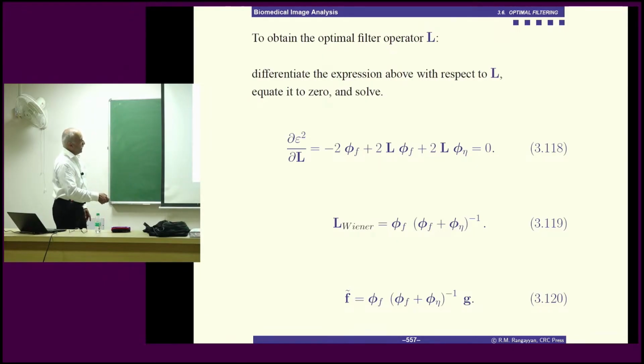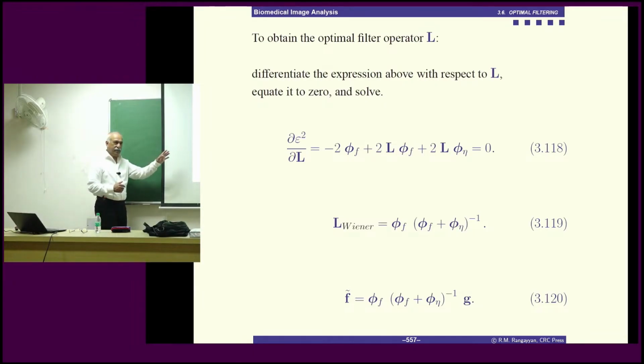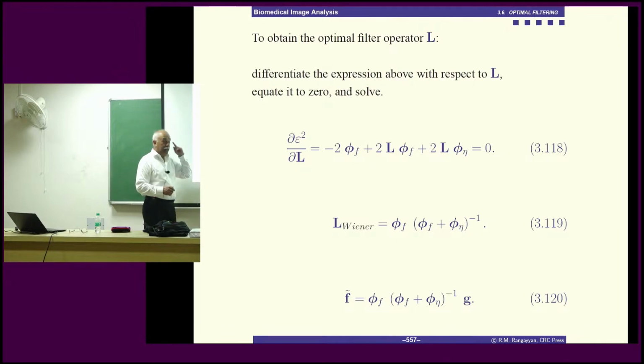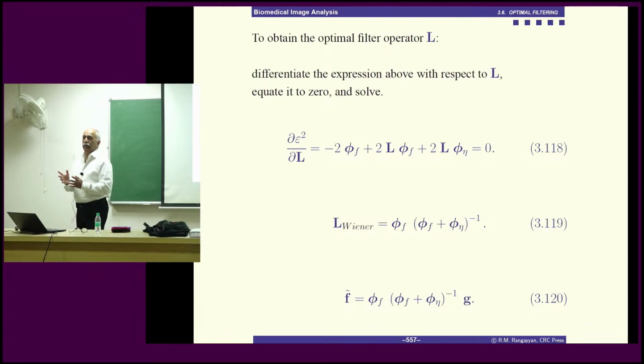So the filtered image is phi f over phi f times phi f plus phi eta inverse times g, the given distorted image. So that's the optimal Wiener filter, optimized in the sense of minimum mean squared error, linear, assuming that the noise and signal are uncorrelated. Did we see anything else? No, that's all.